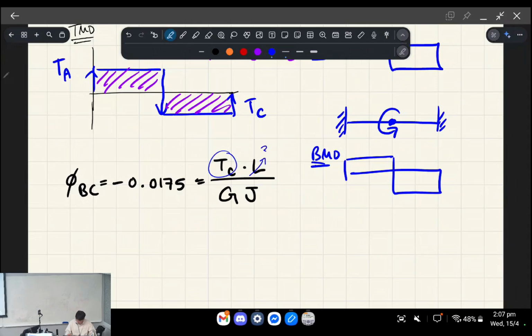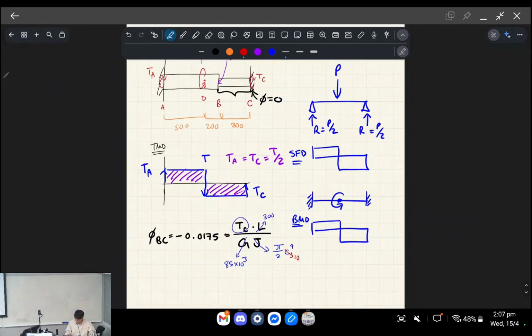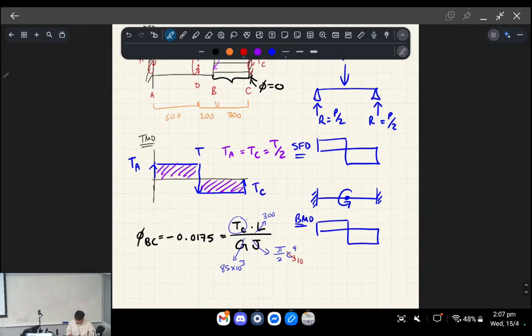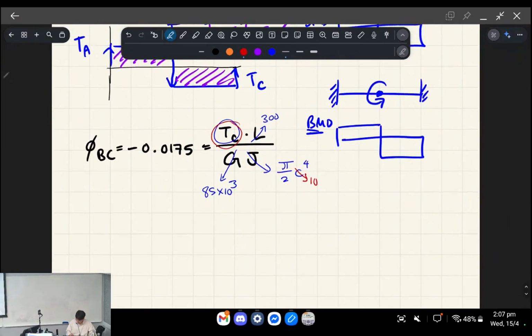We know this length is 300 mm. We know G is 85 times 10 to the 3. And we know J is pi on 2 c to the power of 4. The radius is 10 for the smaller diameter section. So we're just working out what TC is, okay? I had to get my calculator out.